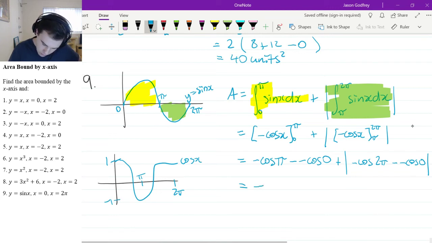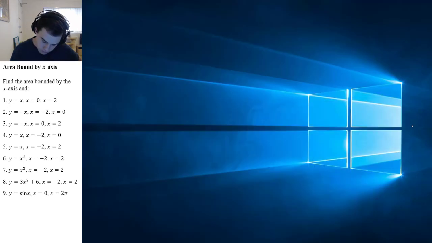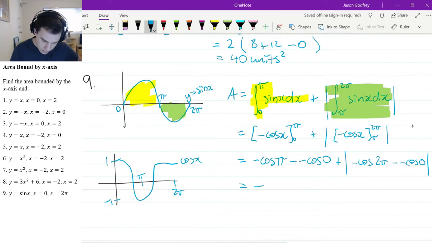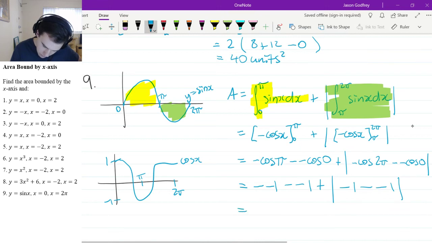So negative cos of pi, well cos of pi is negative 1, so negative 1 minus negative cos of 0, and cos of 0 is 1, plus the absolute value of negative cos 2 pi, well cos 2 pi is 1, minus cos 0 is also 1, so this becomes negative 1 minus 1, plus absolute value of negative 1 plus 1.